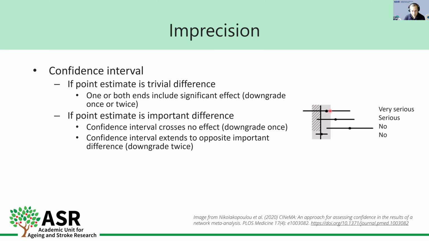So if this was a bit of a smaller confidence interval, and so it stuck out here, and the confidence interval included benefit but didn't include substantial harm, we would downgrade once. For this, we would downgrade twice. And this example here, the confidence interval is entirely within the area of little to no difference, and so we don't downgrade at all for imprecision.